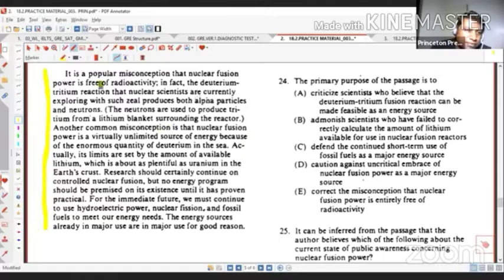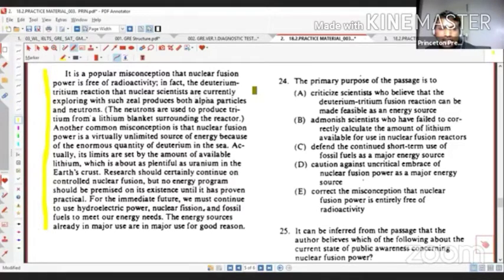Let's read it together. It is a popular misconception that nuclear fusion power is free of radioactivity. In fact, the deuterium-tritium reaction that nuclear scientists are currently exploring with such zeal produces both alpha particles and neutrons.